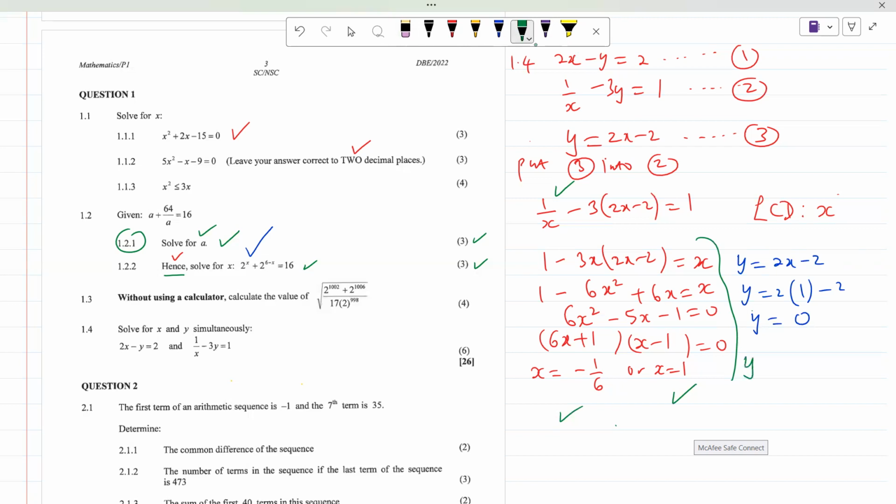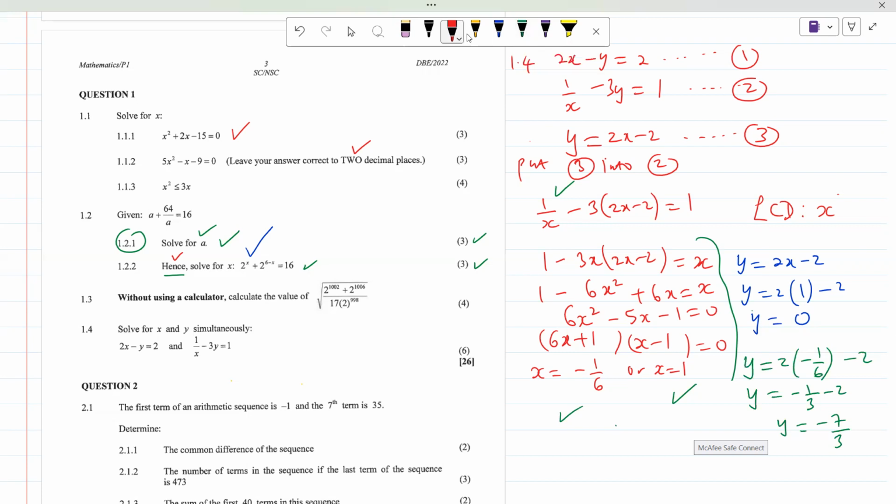Right, so y is twice x minus 2, and x is minus 1 over 6, which means y is minus 1 over 3 minus 2, which means you have minus 1 minus 6, which is minus 7 over 3. So those are the answers.